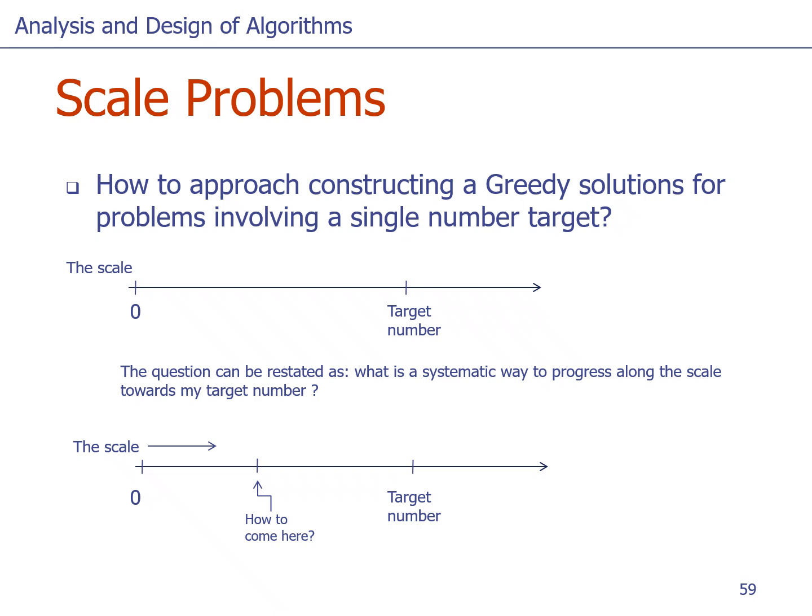So you might be wondering, where is the greediness here? Now here is the greedy part. You want to jump as far as you can away from 0 and as close as you can to the target number. So imagine yourself standing at 0 and making a big jump, but we don't want to overshoot. We don't want to cross the target number.